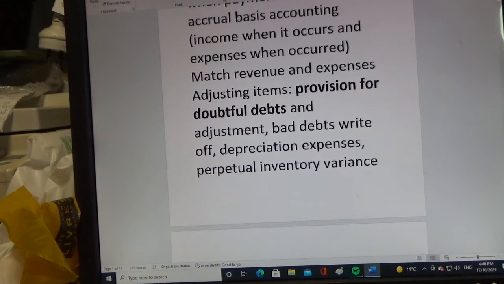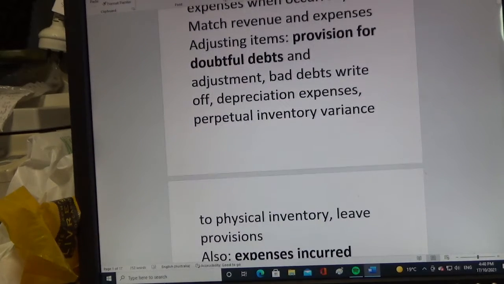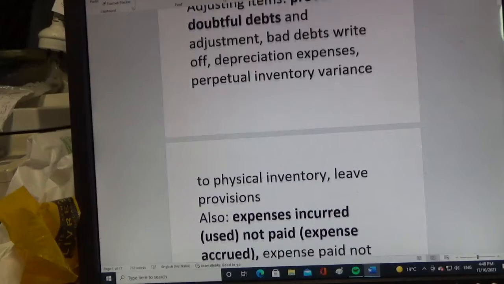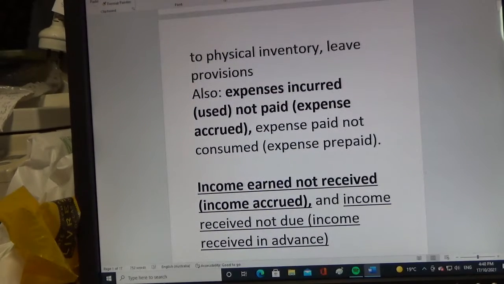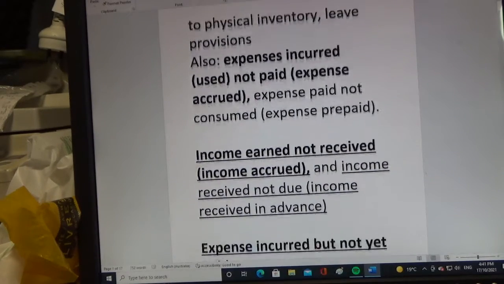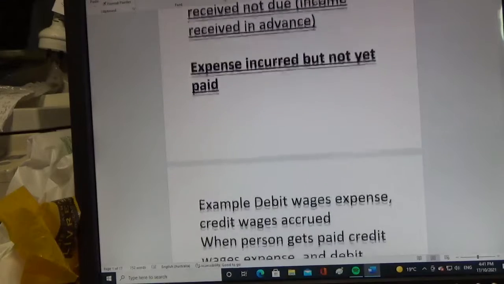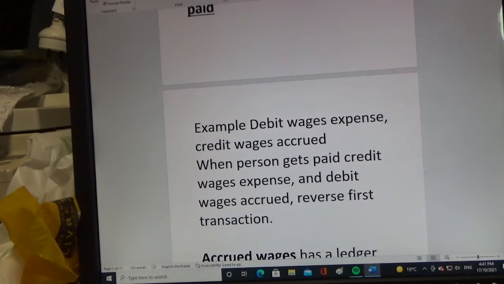Making an adjustment is adjusting figures in the P&L, recording it in the adjustments column of the 10 column worksheet. Also, these are important categories of balance day adjustments: your prepayments and accruals, dealing with expenses and income, okay? And just get familiar with those.